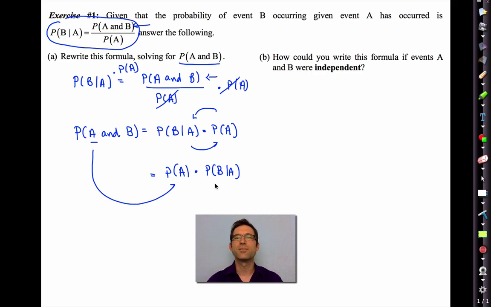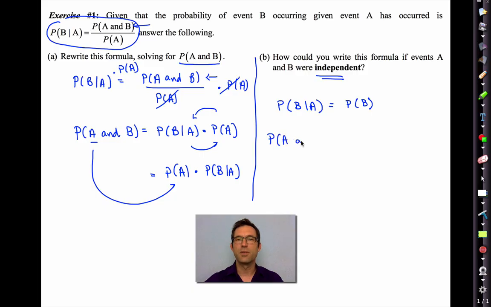Now, letter B says, how could you write this formula if events A and B were independent? Well, remember, the whole idea of independence will be that the probability of B given A has happened is simply the probability of B. So, that then leads me to this formula.